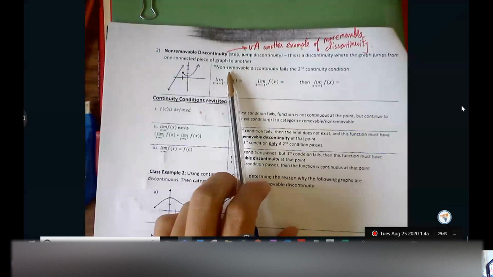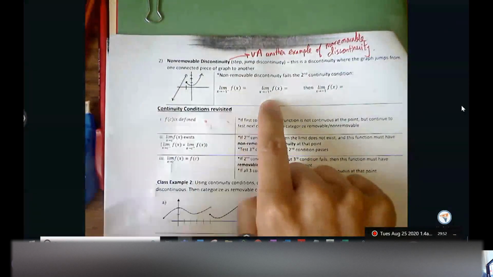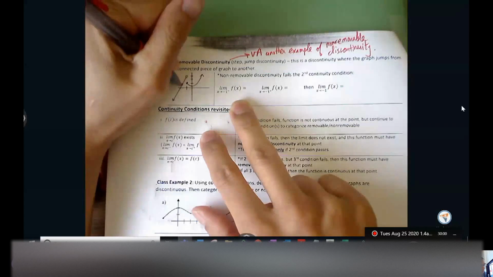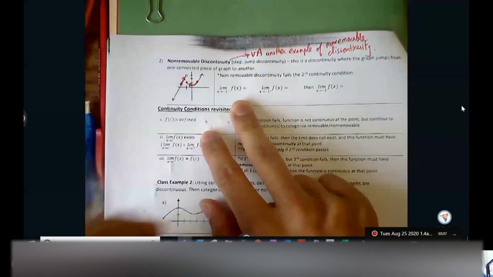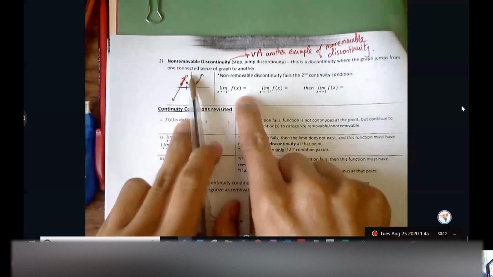Okay, so a vertical asymptote is another example of non-removable discontinuity. But this discontinuity is going to fail the second continuity condition. Let's talk about what that looks like. If we approach negative 1 from the left side of negative 1, and then negative 1 from the right side of negative 1, we see this one is approaching 3.